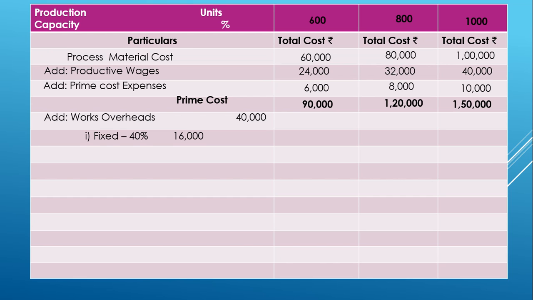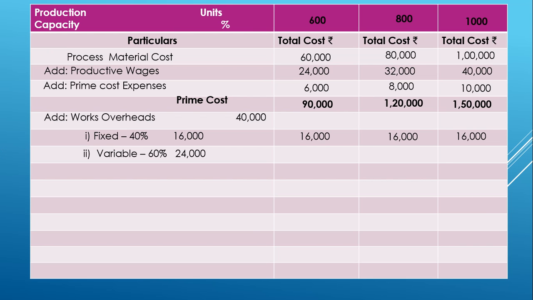As fixed overheads remain fixed irrespective of production level, it remains fixed for all the production levels. That is, for 600 it will be 16,000, again for 800 16,000, for 1000 it will be 16,000. Then there is the variable portion, that is 60% will be variable. Out of 40,000, 24,000 comes as 60% variable.